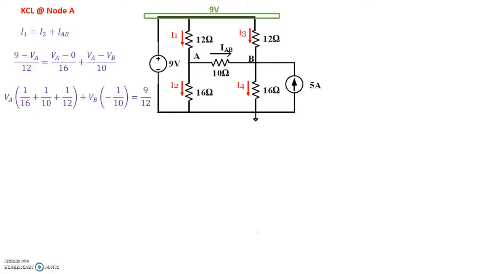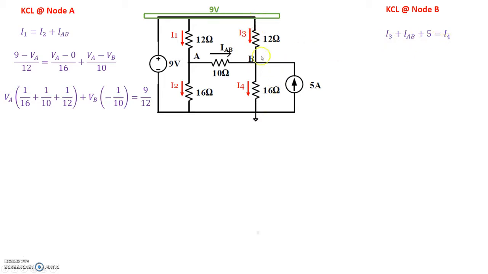Similarly, if we apply Kirchhoff's current law at node B, we see that the currents going into node B are IAB and I3, and the current coming out is I4. We also have 5 amps coming into node B. So I3 is coming into B, IAB is coming into B, 5 amps is coming into B. The current coming out is called I4, so that's why we have I3 plus IAB plus 5 equals I4.